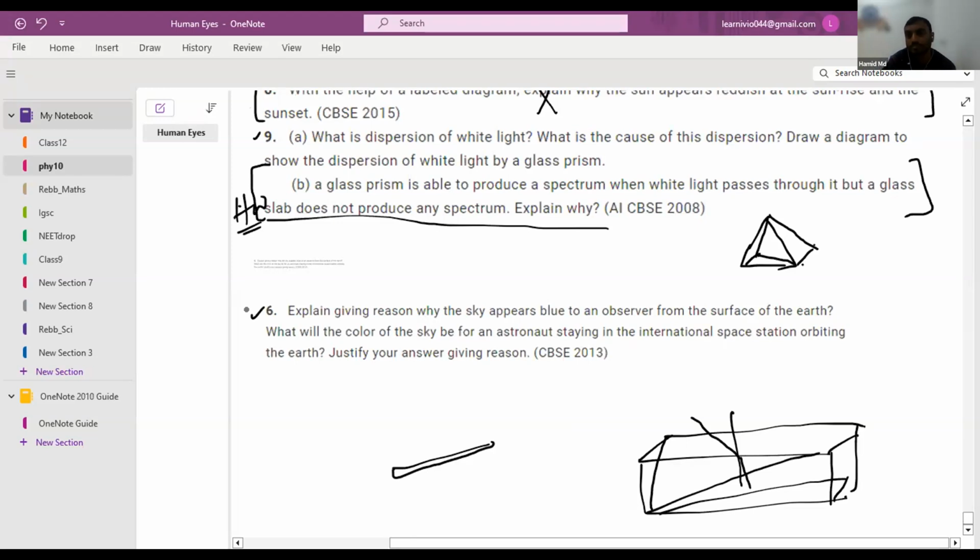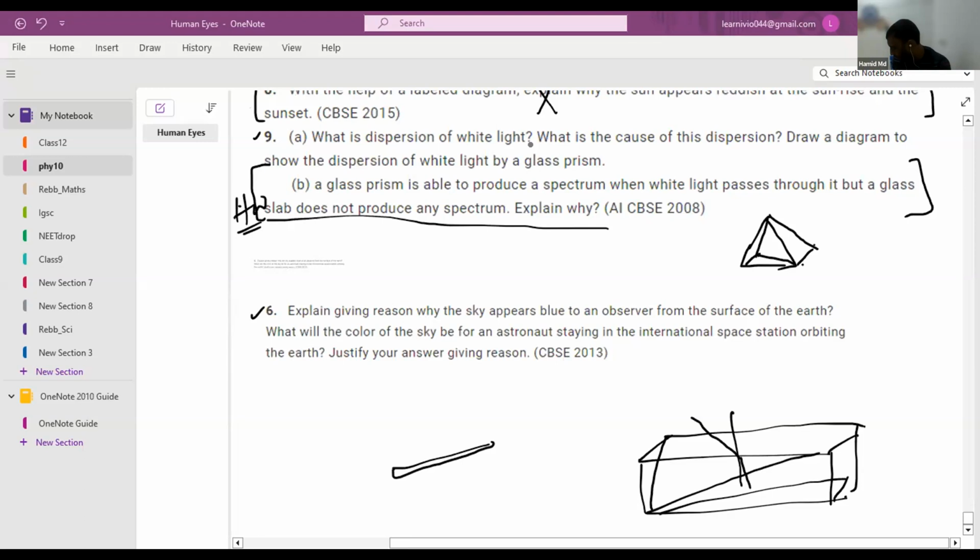Violet and blue light are the most scattered, more than the red light. So the sky appears blue during the daytime. Right, good. It is for the same reason: the wavelength of blue light is less, so there is more scattering, right?